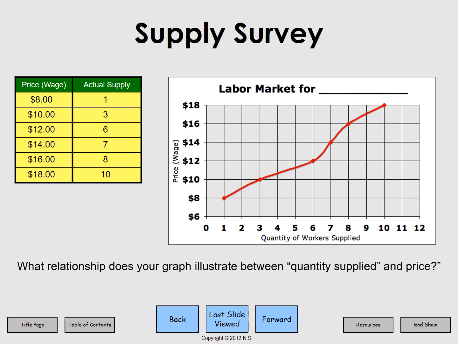Now, we'll eventually get into other factors, but if we're just talking about price, if I can make $18 on a pair of socks or a glass of lemonade, I'm going to make as many of them as I can. I'm going to make 10 of them, sell those every day, and make $180. If I'm just making $8 for a pair of socks, I don't want to spend my time on that, because I'm not making as much money.